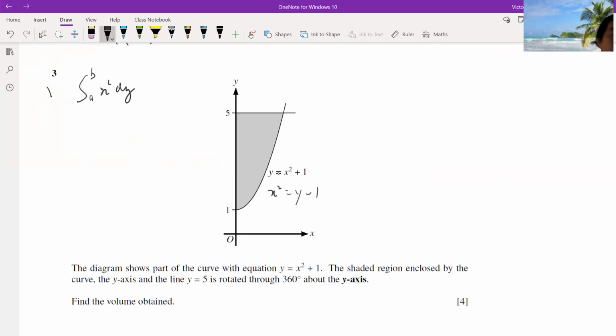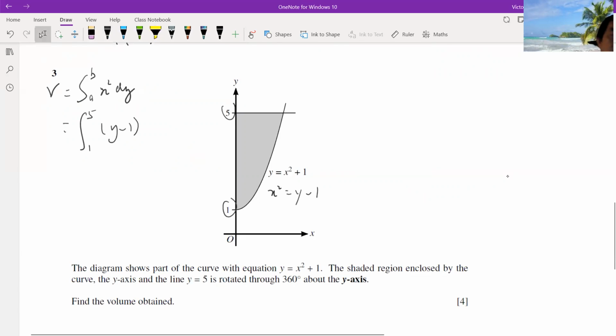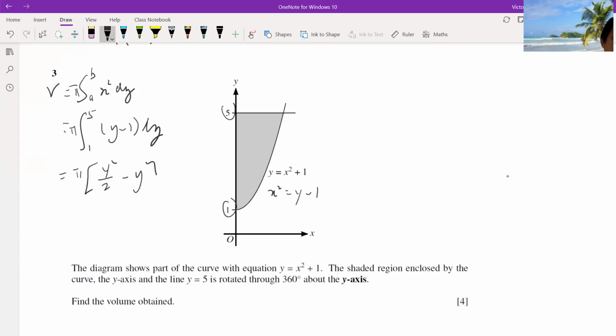So the volume is the integral between 1 and 5 of (y minus 1) dy. Forgot the pi. So this will be pi times (y squared over 2 minus y).